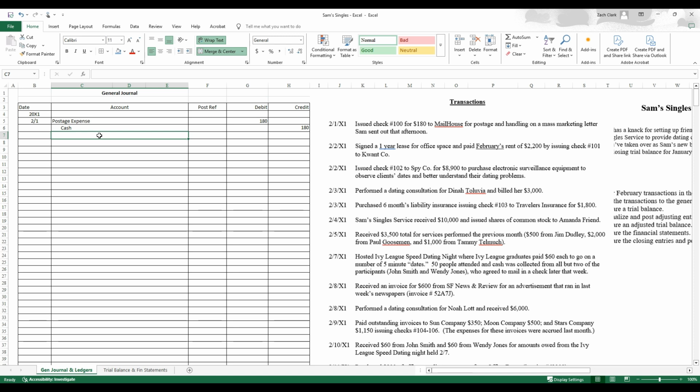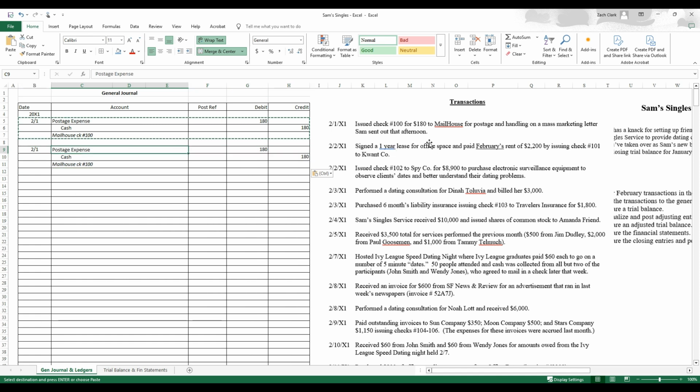Okay, so we need our explanation. I'm just going to put mail house and check number 100. And I like to have my explanations italicized. Okay, and I'm going to steal this journal entry and just paste it in and use it as a template as we go forward.